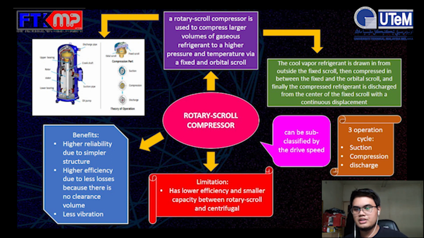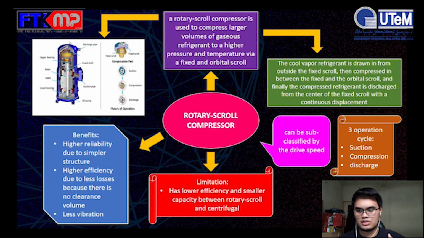The cool vapor refrigerant is drawn in from outside the fixed scroll, then compressed between the fixed and the orbital scroll. Finally, the compressed refrigerant is discharged from the center of the fixed scroll with a continuous displacement.